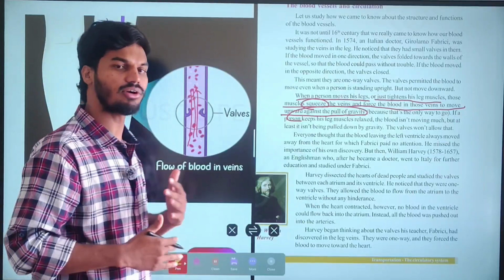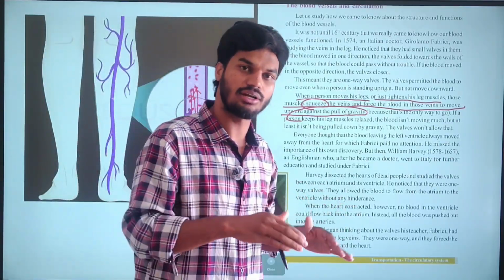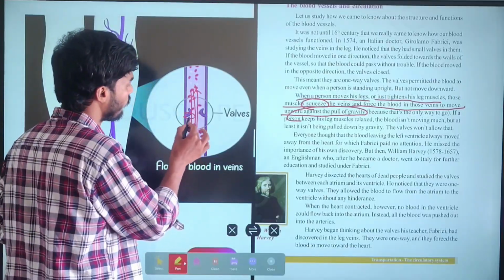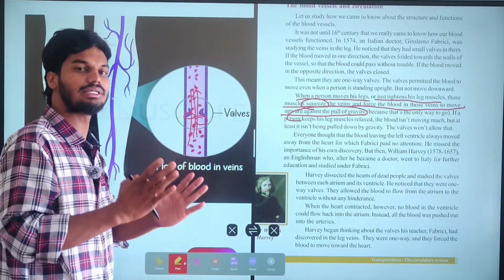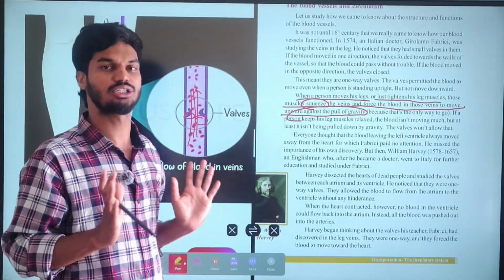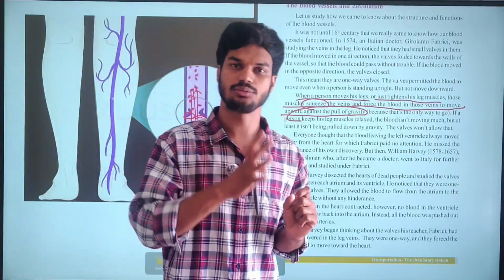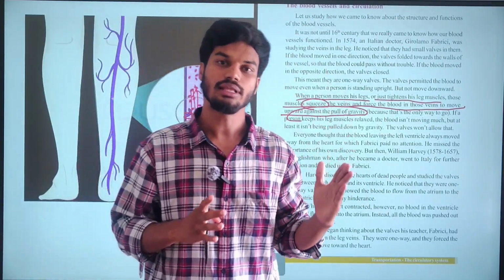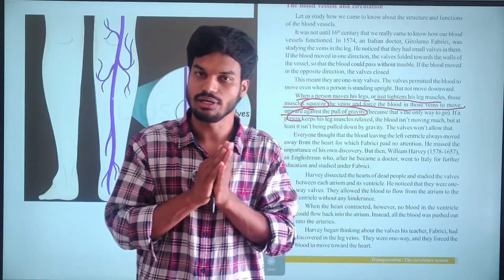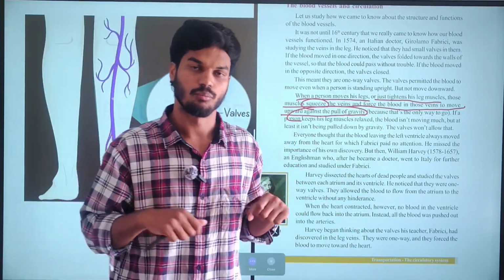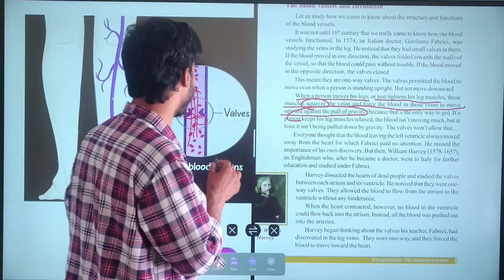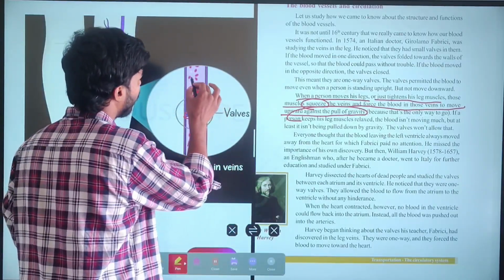When he is doing some activity with his legs, the movement will be more compared to when a person sits silently in a normal rest position. Compared to the rest position, the blood movement will be more during physical activity like running, walking, movement of your body parts. Only at that time is the movement of blood higher.